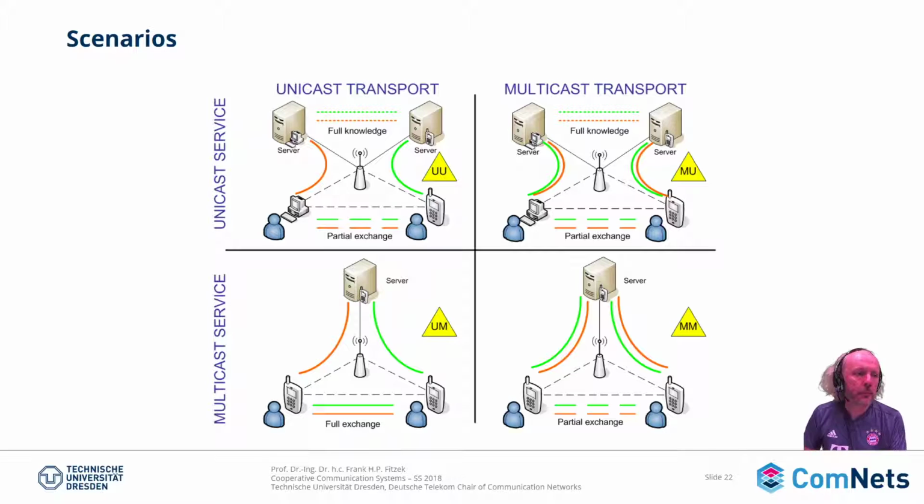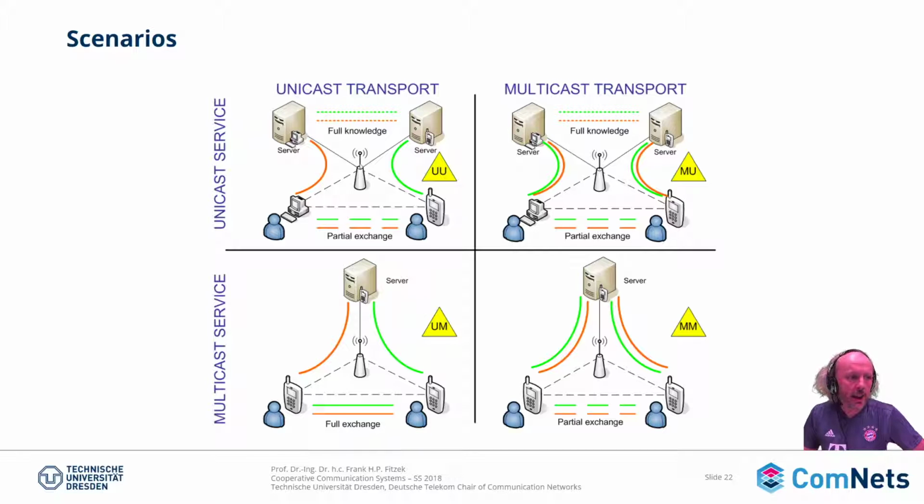And then we have different kinds of service versus transport ideas. So you can have something like a unicast service with a unicast transport. So everybody gets its own service, and then you can exchange additional information. That's pretty hard to find a good service for. If you have something like multicast, so everybody gets the information also for your neighbor, and then you exchange, that's quite interesting in case some of them lose connection to the overlay services, then you can help each other.